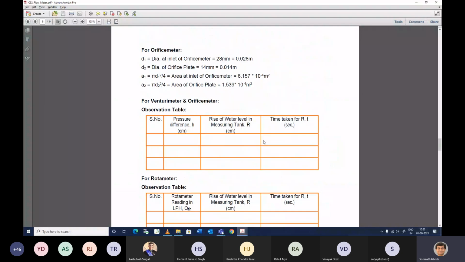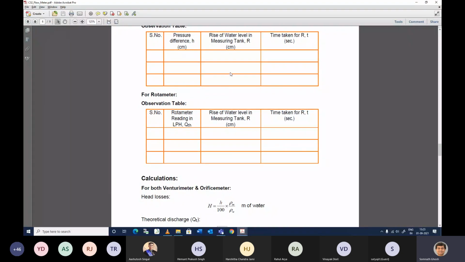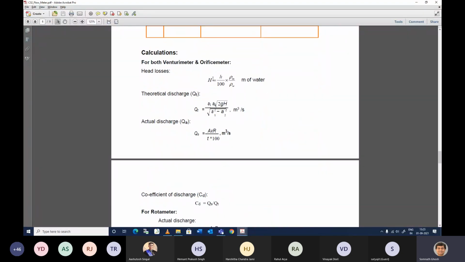So these are the data tables you need to collect. This one you get from the manometer, and this is the data you need to calculate the theoretical discharge. In this equation, everything is known apart from this capital H term that you can get from here.